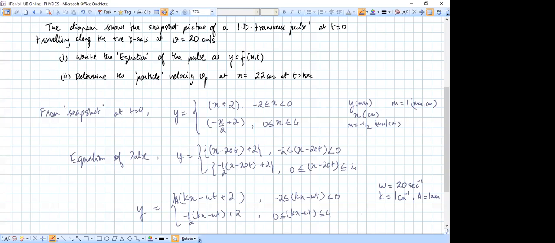That is for this one. And here that minus half is actually minus half millimeters. So this is the form of the equation.